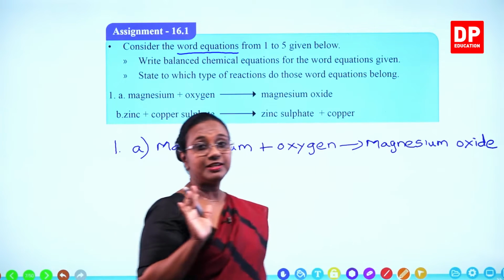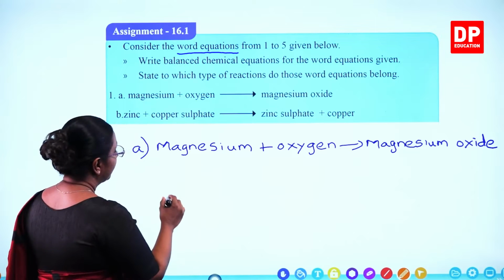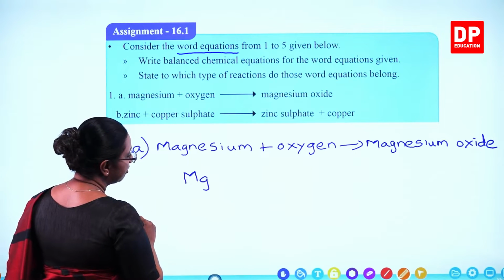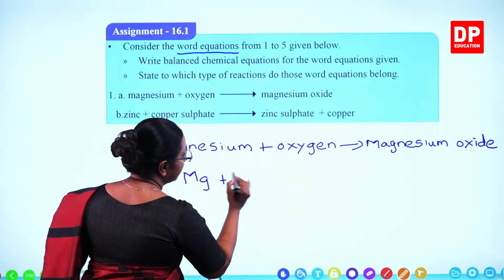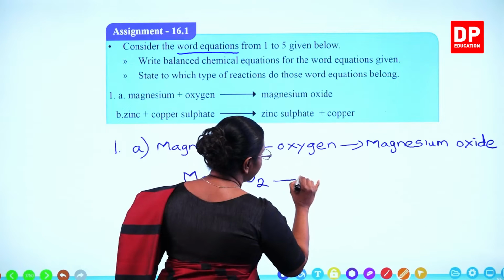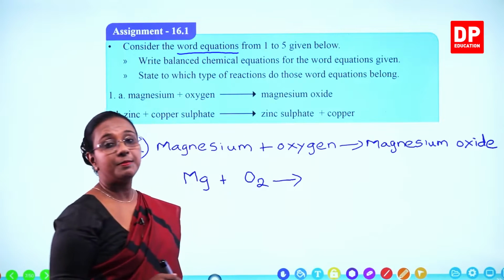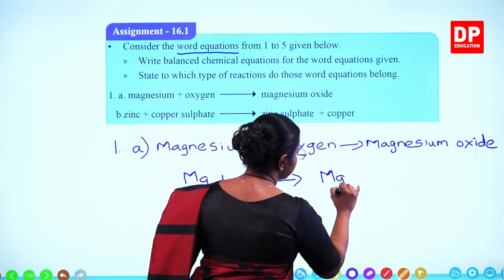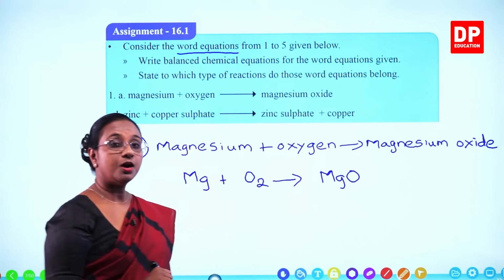You are familiar with this reaction. What is magnesium? Mg, the symbol of the element. Then we need to have oxygen, O2, giving rise to the compound magnesium oxide, that is MgO. Now what do we do?